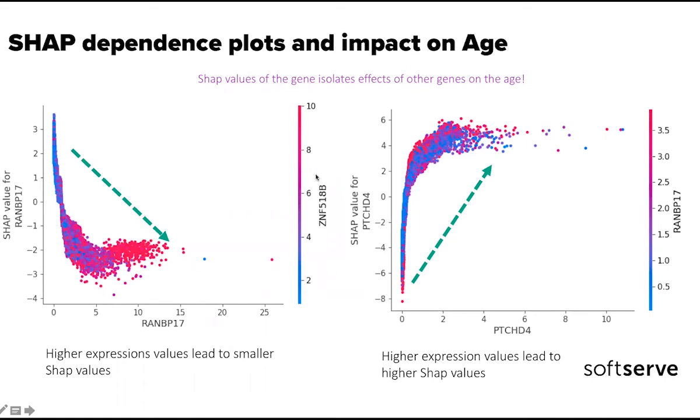But if you want at the same time to look at the gene expression of some other gene, you can also color by it, for example, to see how the gene expressions of two genes correlate between themselves. We can see how differently genes could look. For example, here is an anti-aging gene, and here a pro-aging gene. We can see that difference in the plots.